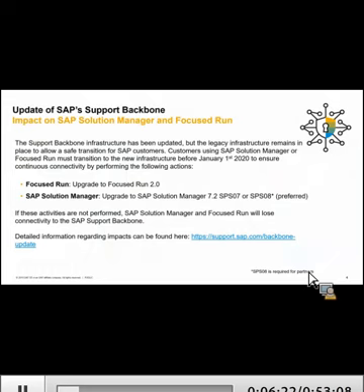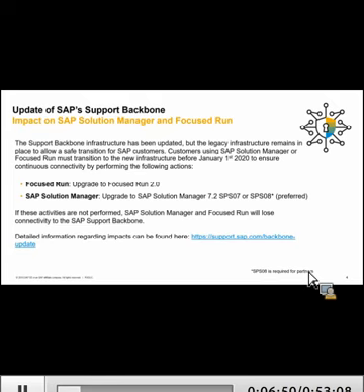Now, to summarize very quickly two products or functionalities which are currently available and heavily impacted. The first one is meant for customers and partners who have a huge volume of systems, called Focused Run. If you are using Focused Run below 2.0, like Feature Pack 3 or Feature Pack 4, you have to consider upgrading to Focused Run 2.0.